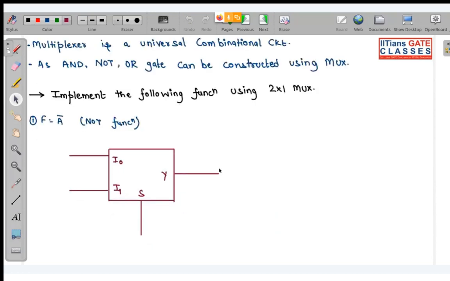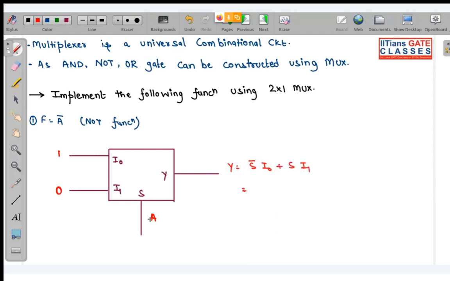So look, for the selection line I always give the variable. If I give A over here, what should the inputs be so that I get Y equal to A complement? If I put I0 as 1 and I1 as 0, what will I get if I write Y? Y will be S complement I0 plus S I1.